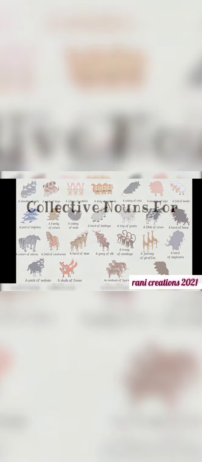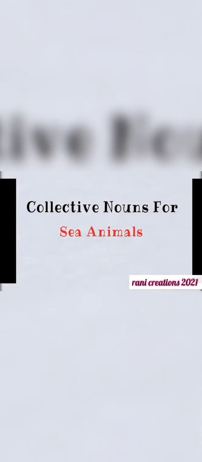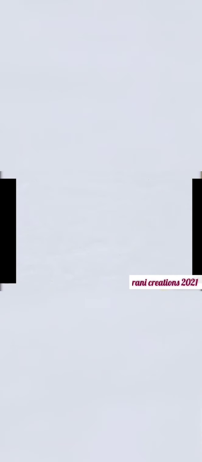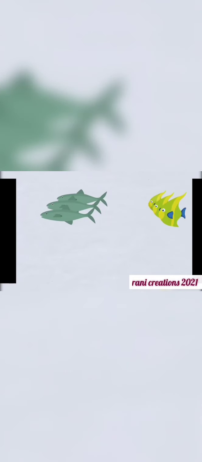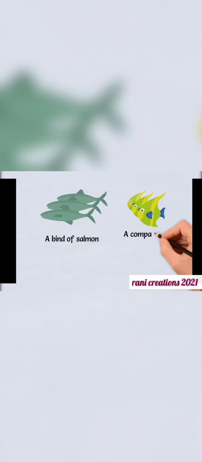Collective nouns for sea animals. A bind of salmon. A company of angelfish. A family of sardines.